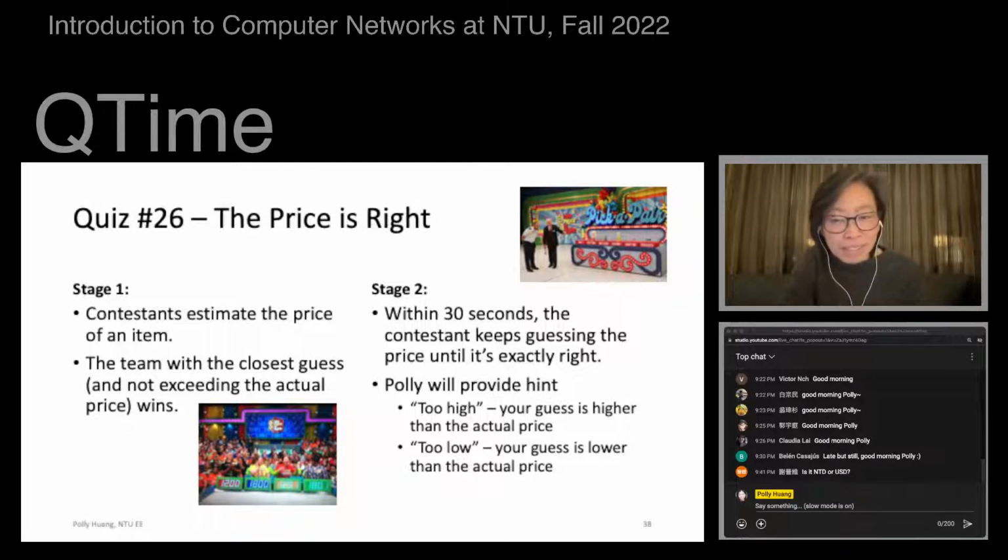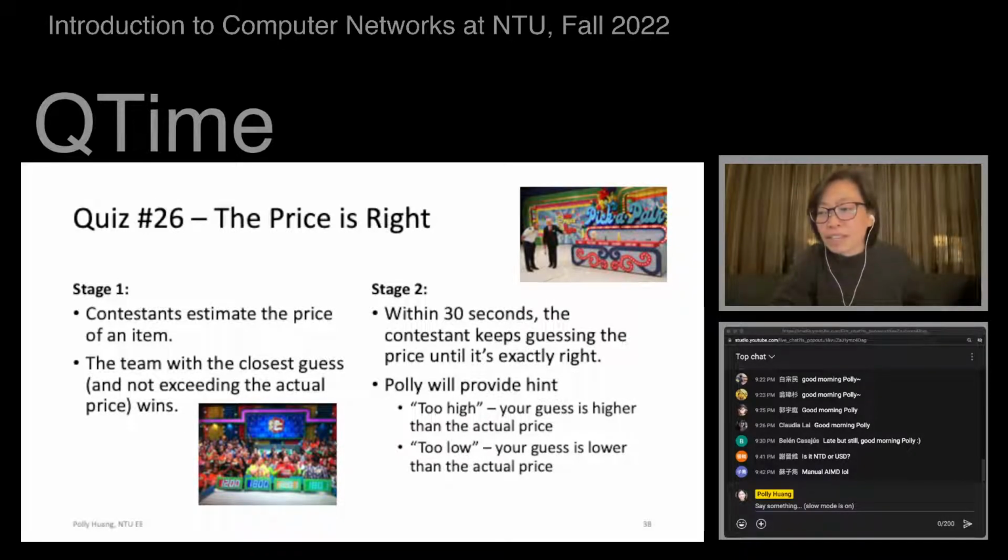You guess a price, and Polly will provide feedback. If your guess is higher than the true price, I would say too high, and knowing that, you need to adjust. You will win only when you guess the price that is exactly right. If it's too low, Polly will say too low, and you raise your guess, of course.